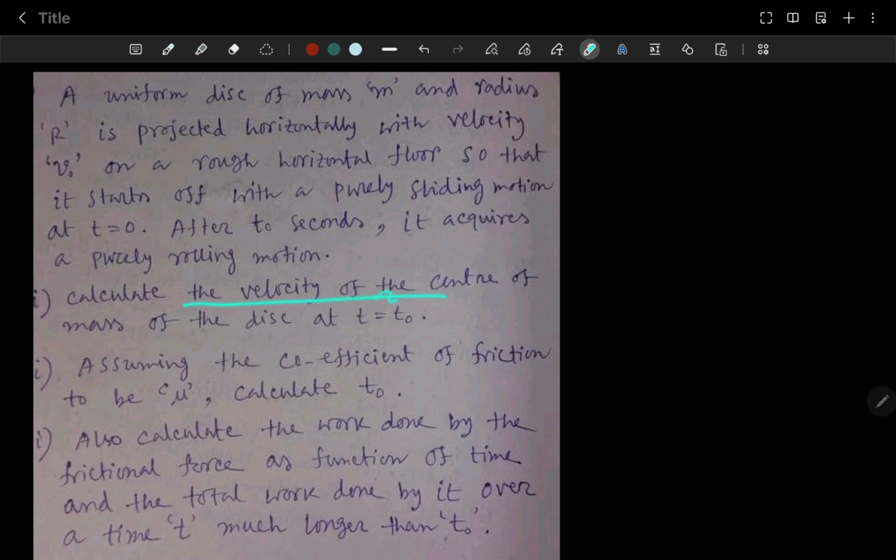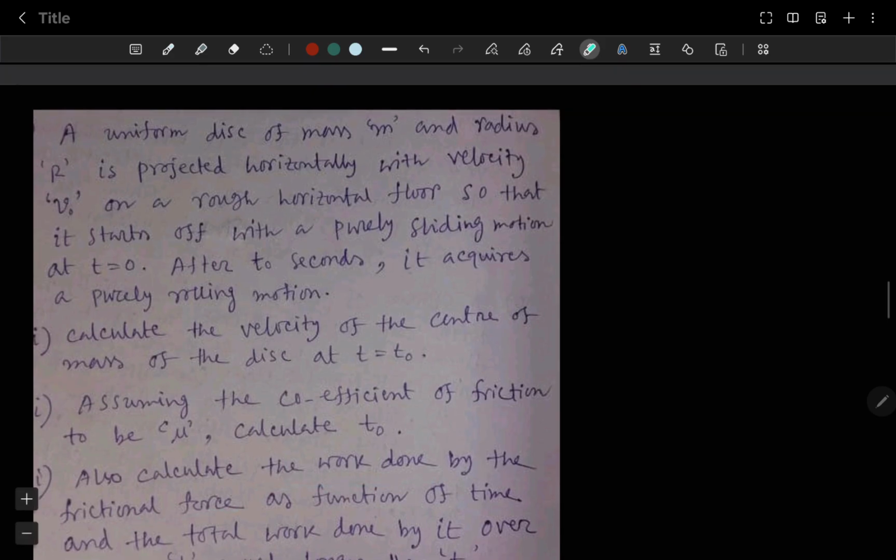Velocity of center of mass at t equals t0 when it starts pure rolling. Then coefficient of friction is mu, so calculate t0, the time after which it starts pure rolling, and calculate work done by frictional force. So how to do this one?